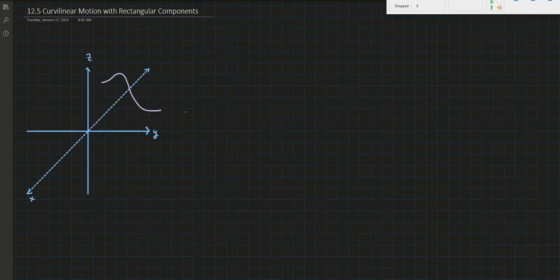So let's say I have a rectangular coordinate system, XYZ, and I have a particle moving on some path in space here. I can string up a position vector to that.